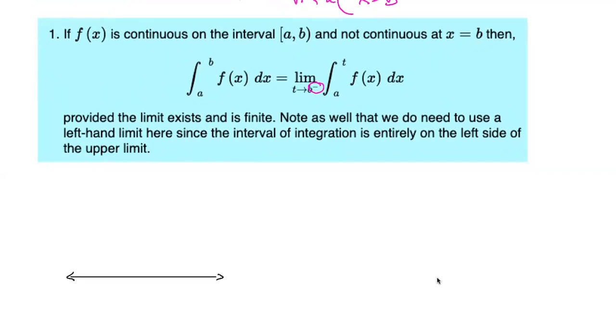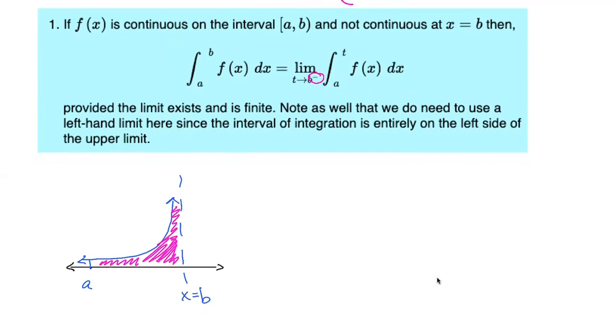And when we have our function, and we have, let's say, that vertical asymptote right here at x equals b. And we've got some a over here, and we want to see whether or not this area has a numerical value or if it goes to infinity.